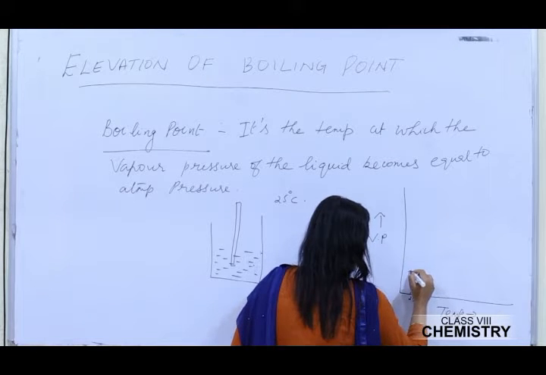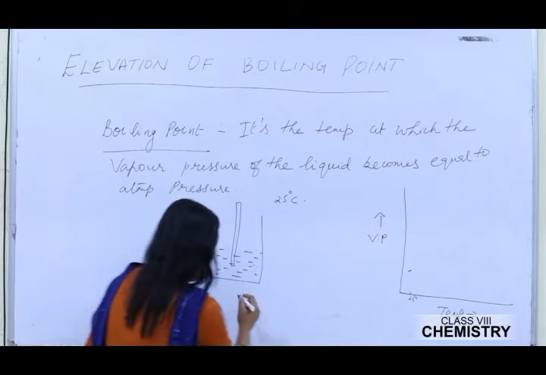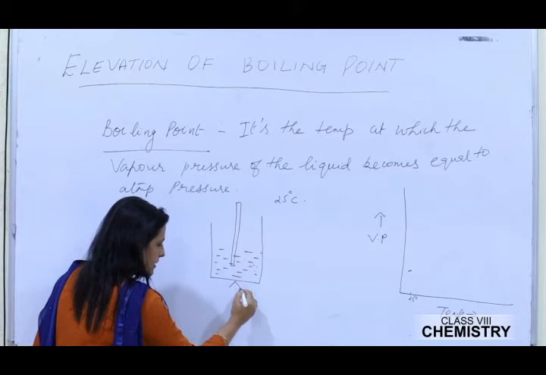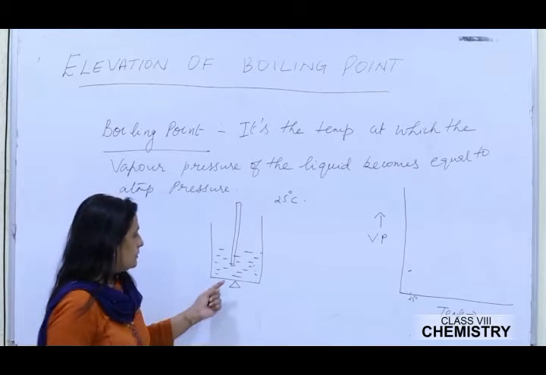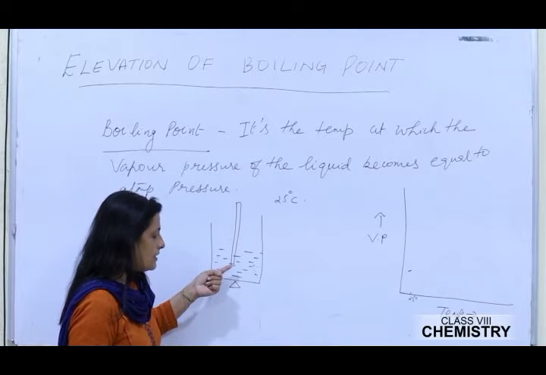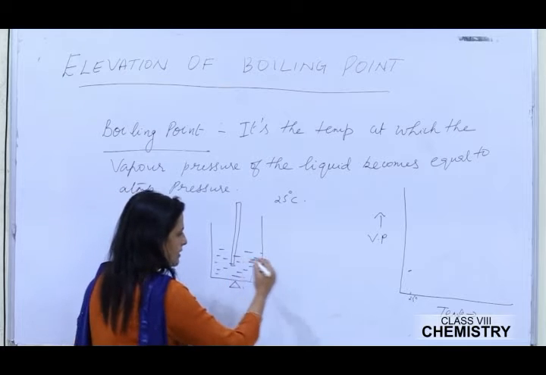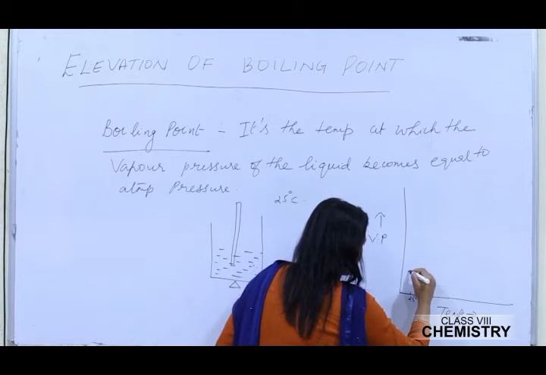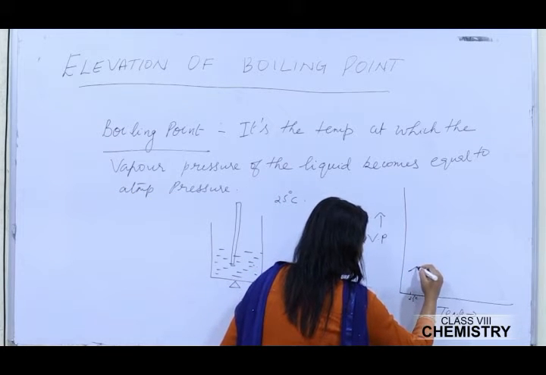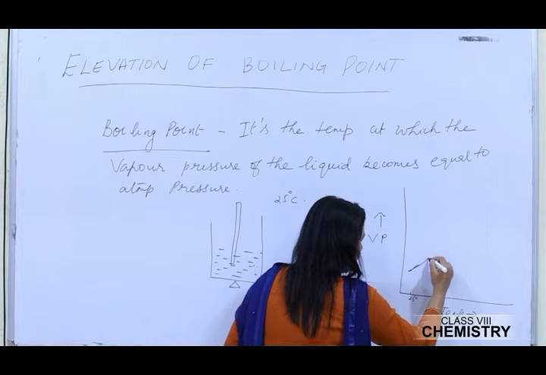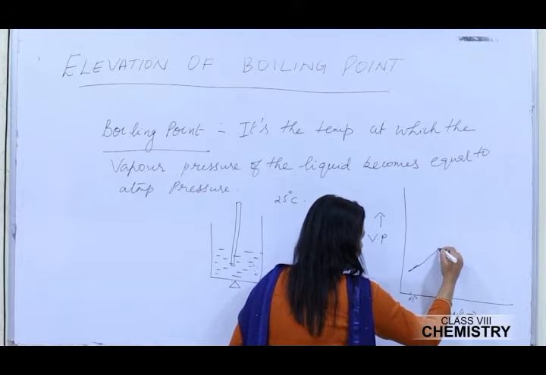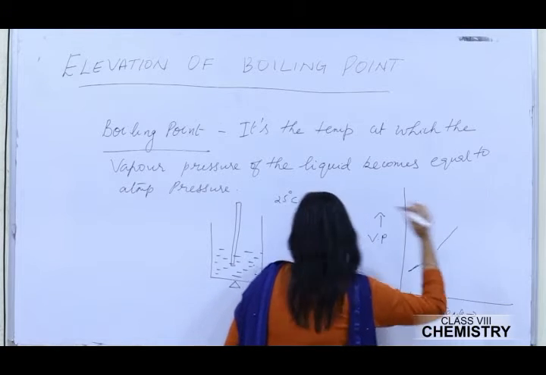Then we are supplying heat, so the water starts getting heated. What will happen to the temperature in the thermometer? It slowly rises. When the temperature rises, the vapor pressure will also increase, and it will go on increasing like this.